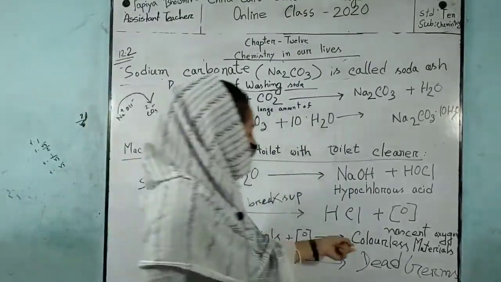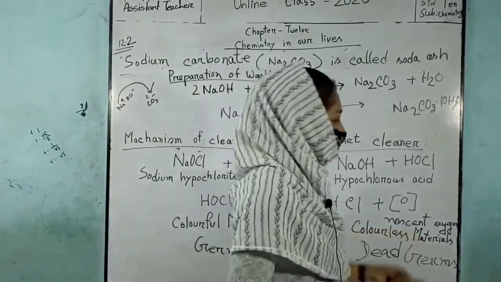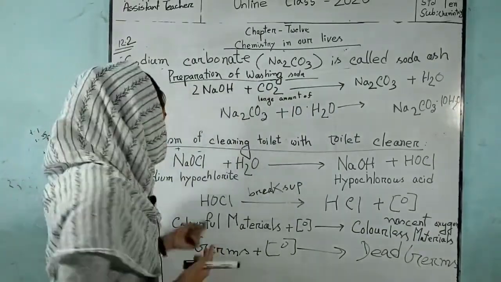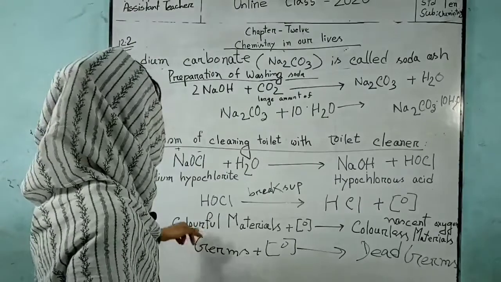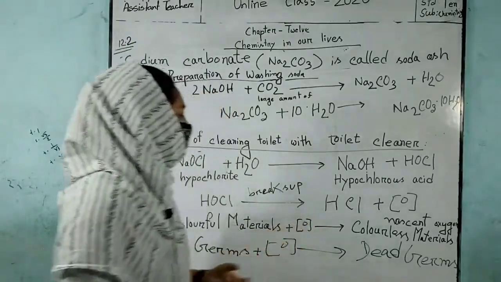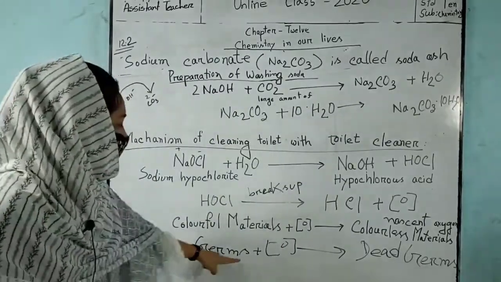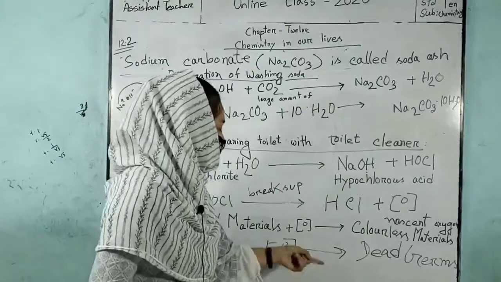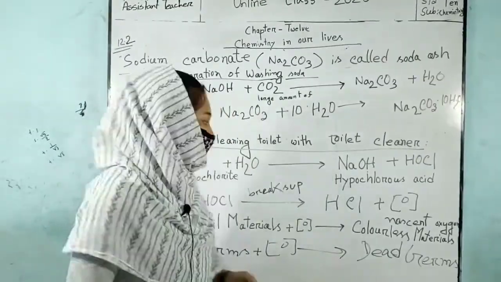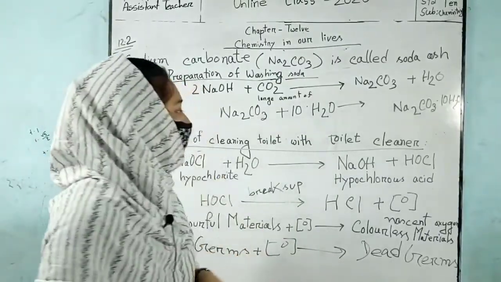This nascent oxygen is also important for cleaning germs. When the germs react with nascent oxygen, the germs die. So this is the mechanism of the toilet cleaner.